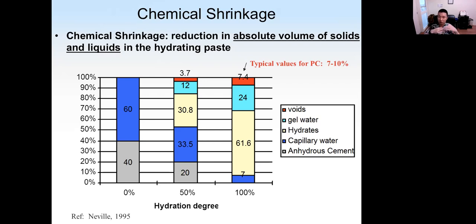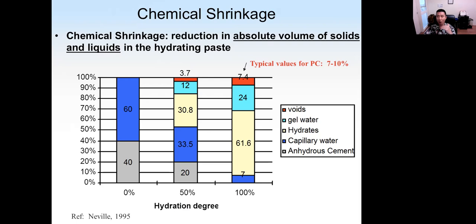This will cause reduction of solid and liquid volume. Okay, as we can see from here, after 100% of hydration, we have around 7% reduction in total solid plus liquid volume, which means we're going to have around 7% of voids generated in cement paste.